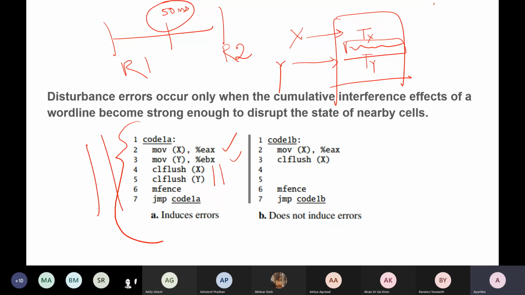It will never go to the DRAM, because only when the data is not in the cache will it go and read from the DRAM. That's why we are flushing the cache.